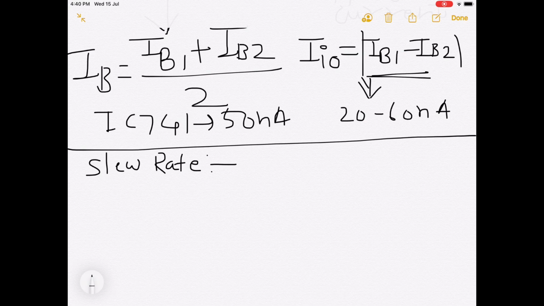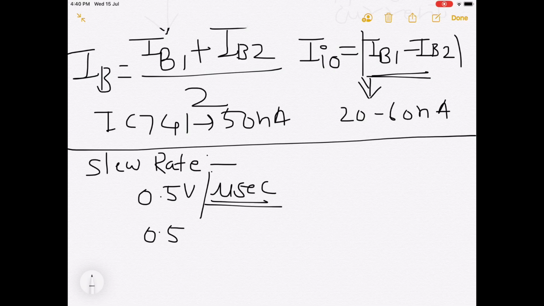Its value can be 0.5 volts per microsecond. This microsecond is very important. Many times students mistakenly write 0.5 microvolts per second. This is wrong. The right value is 0.5 volts per microsecond.